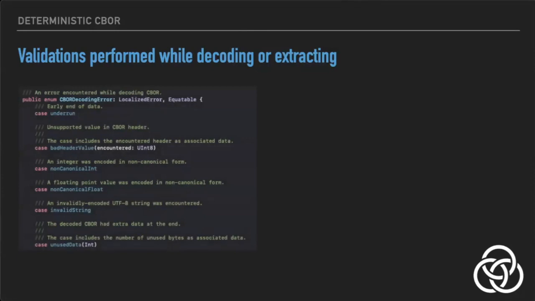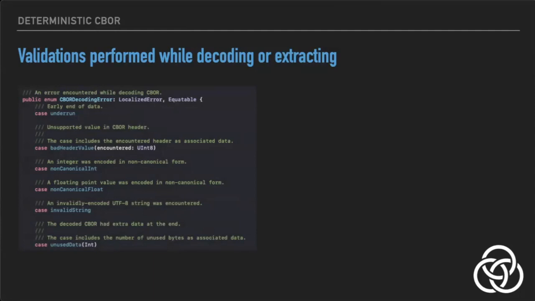So when you are decoding or extracting, decoding is when you're taking the CBOR binary stream and decoding it to the CBOR structure that you can parse in your code, and extracting means taking values out of that, we can throw errors if there are certain kinds of validation violations. For example, if the data runs out before it manages to deserialize it all, you get an underrun error.